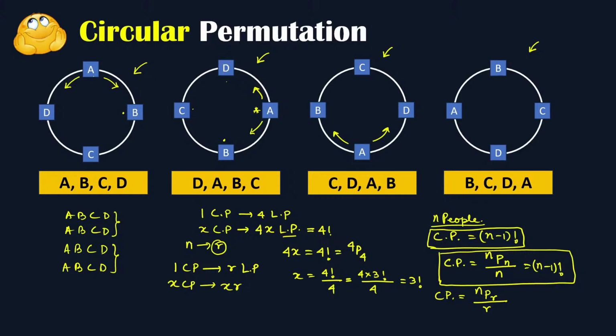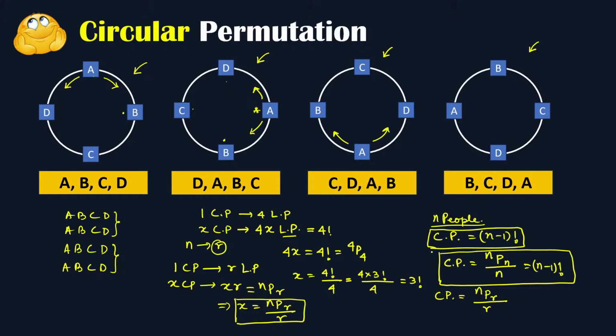Now out of n, if you choose r and permute, what is the total number of permutations? What is the total number of permutations taking r from n distinct objects? It's nothing but nPr. So that gives us x is nothing but nPr divided by r. That is why I told you to remember it this way.